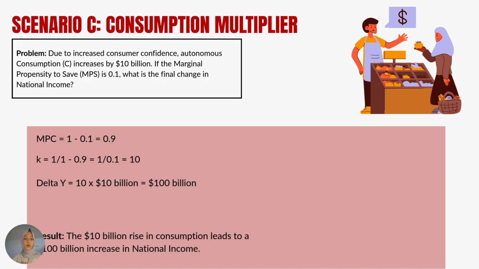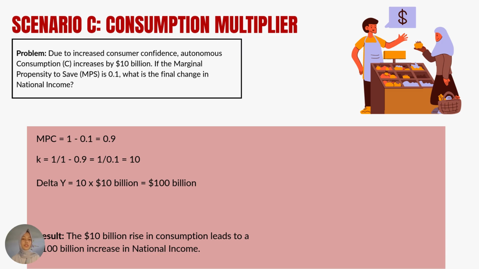If the marginal propensity to save, or the MPS, is 0.1, what is the final change in national income? So here we don't know the MPC, but as we know, to find the MPC, MPC plus MPS equals 1.